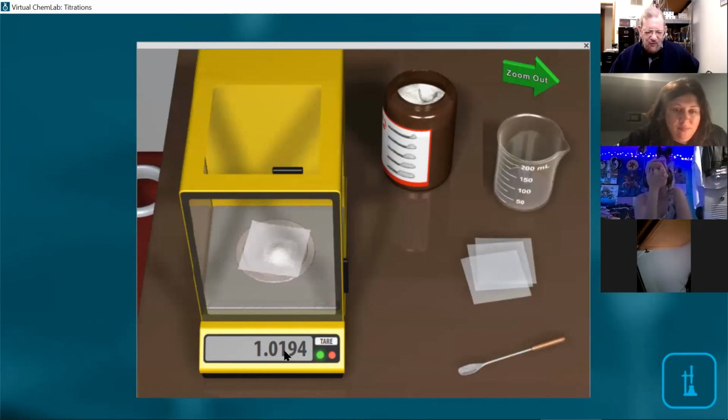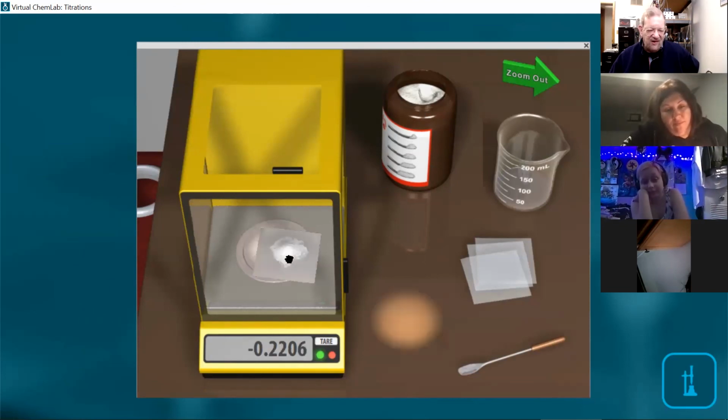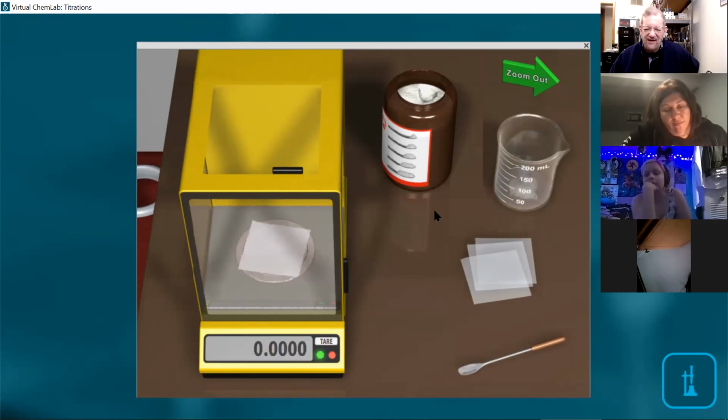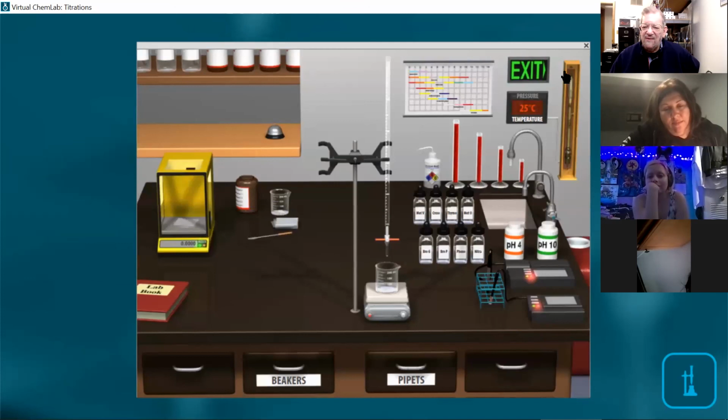And notice we have a weight there. You'll record the weight. Now, next, take this and put it in the beaker. Ta-da! And now, let me minimize. We'll zoom out, take the beaker, and go over here to this largest graduate and fill it in.